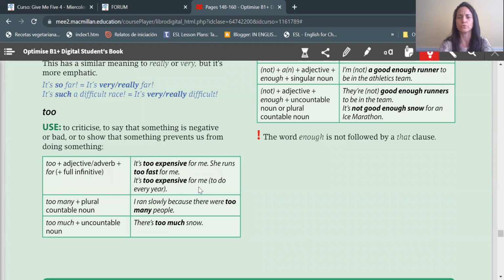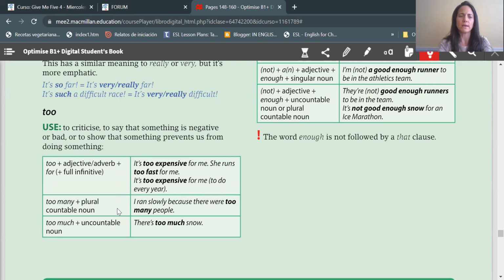If you want to continue giving this information, it's not going to be with a that clause, okay? That is with such or so. When the structure is with too, plus adjective or too plus adverb, it's always followed by a to infinitive, okay? So to do every year.